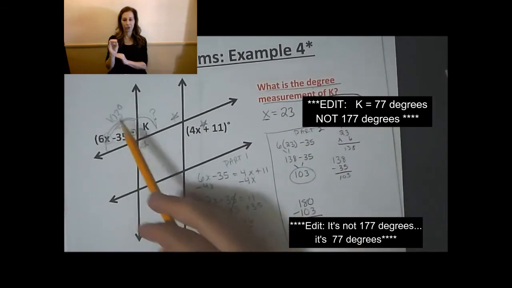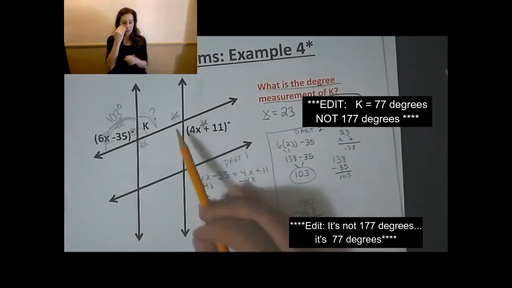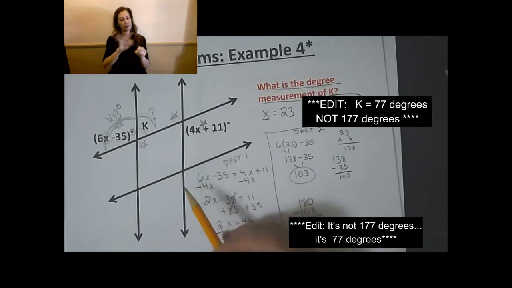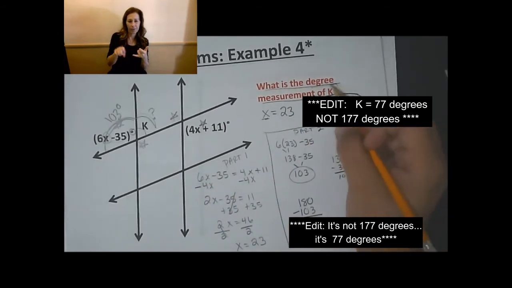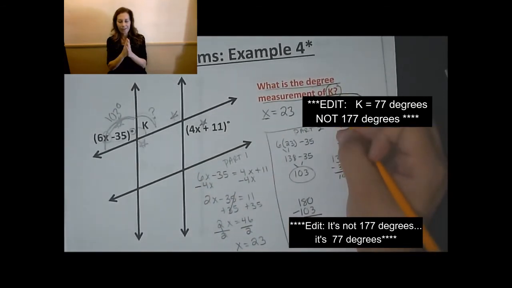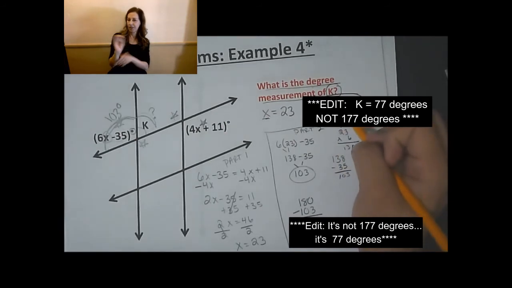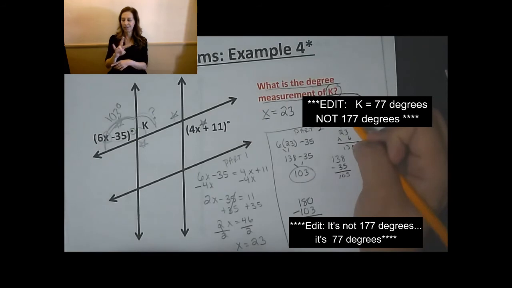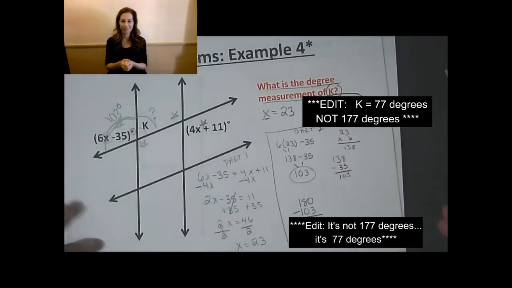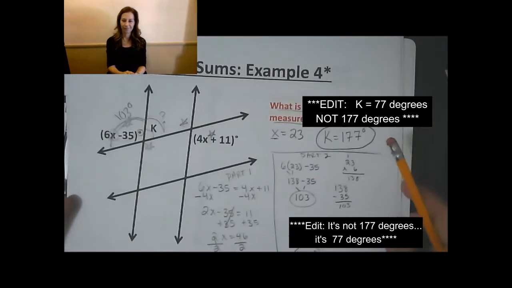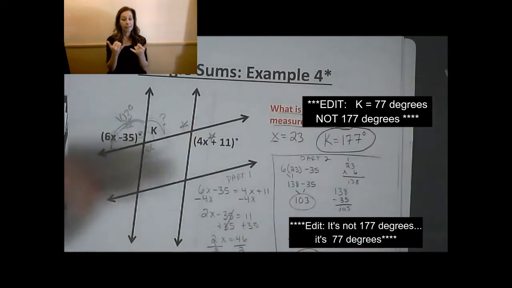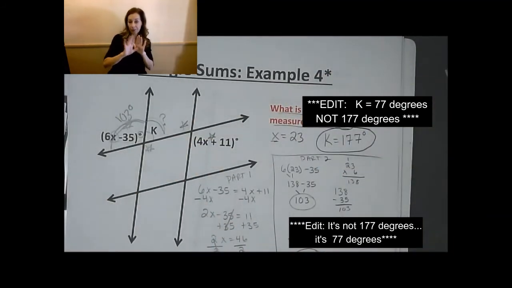And if I know one, I can find all of them. But right now I don't have to, because the question just asked me what is the degree measurement of k, and we just solved that. 77 degrees. Go ahead and pause this and just review the steps you took to get to this answer.